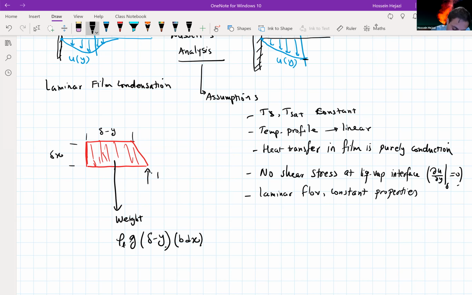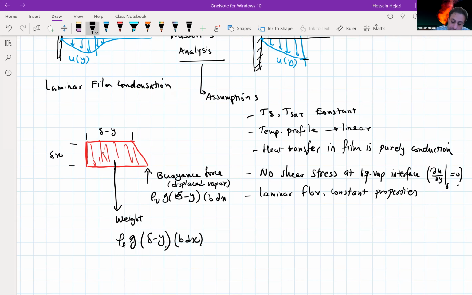And the other thing here is there is another force pulling up, like this liquid is replaced by vapor. So we have buoyancy forces. Actually, we have displaced vapor by liquid. So what we have in terms of buoyancy is going to be rho v g (delta minus y) b dx.